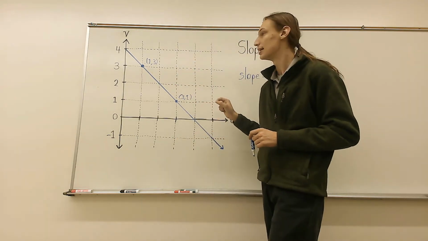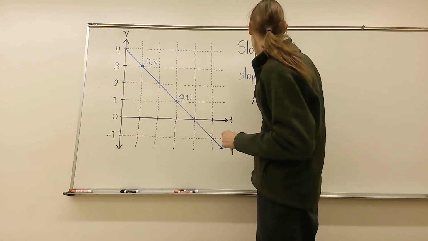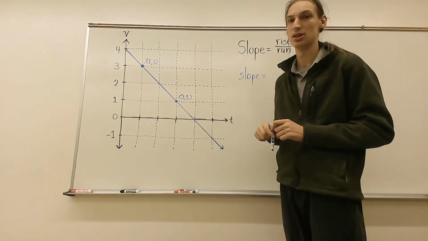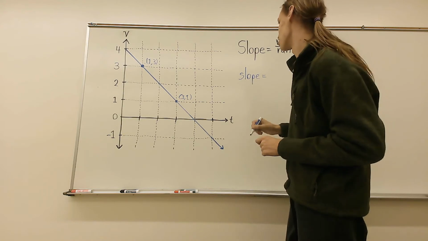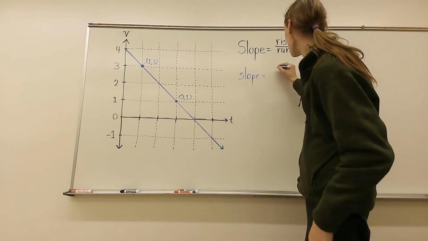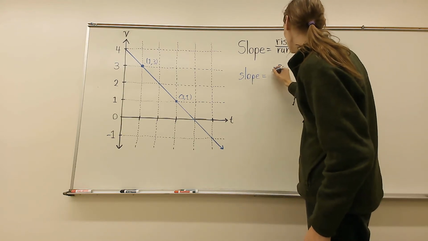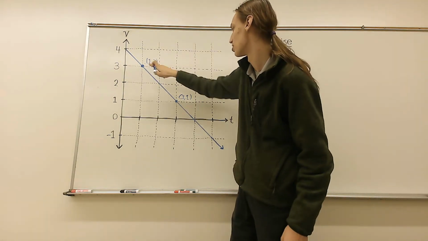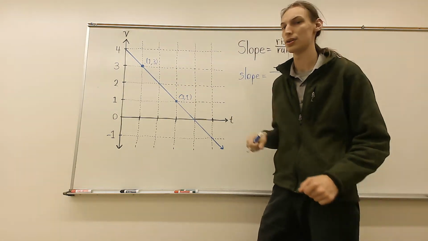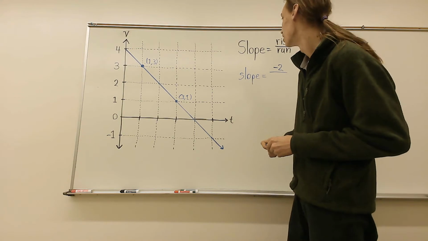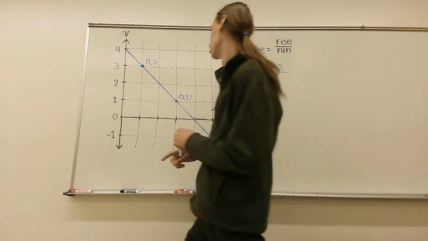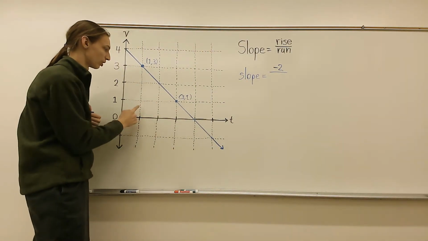But remember, it is downwards. And so we consider a downwards difference to be negative. So our rise would be -2, because from that point to that point, it goes down 2 steps. Now, our run is our horizontal change.